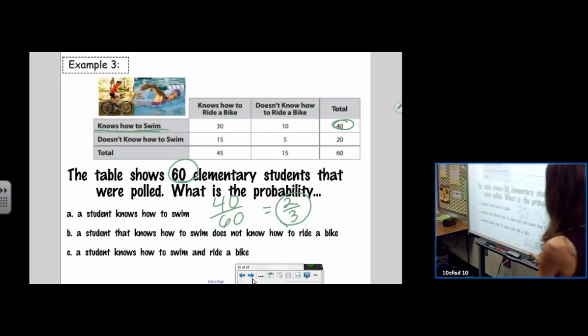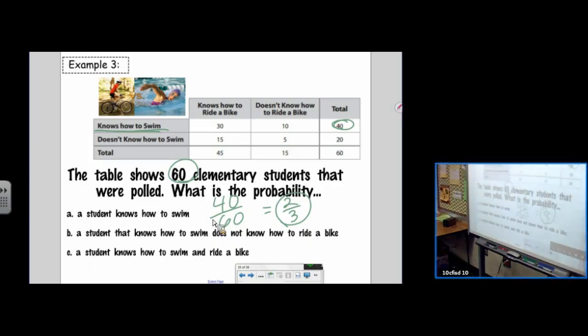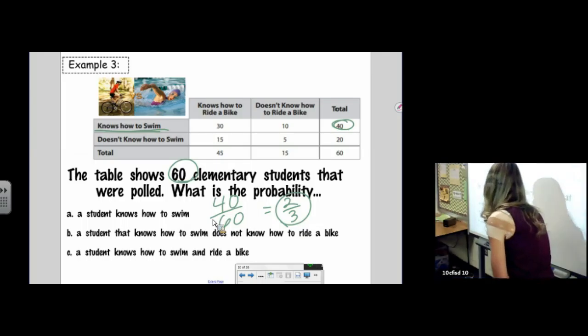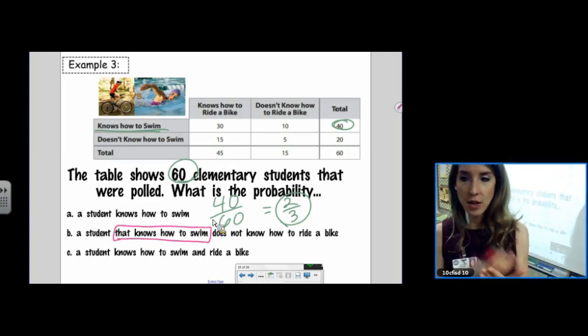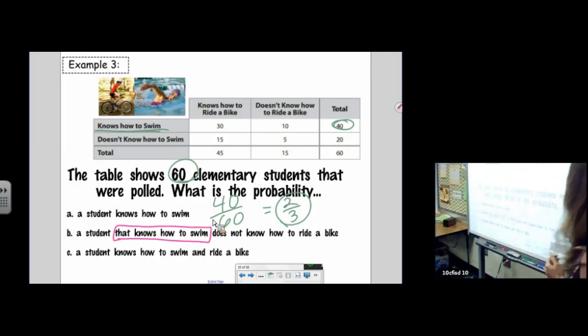Okay, next one. A student that knows how to swim does not know how to ride a bike. That's an example of a dependent probability. A student that knows how to swim: you now have your total right there. They have to know how to swim, so be careful. This is not out of 60, this is out of 40.